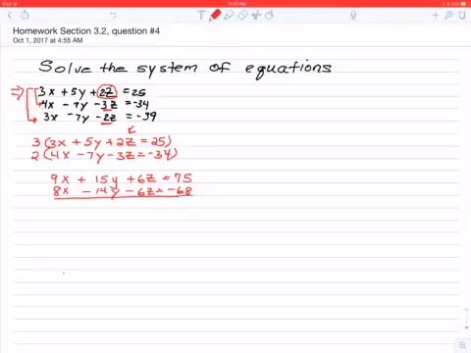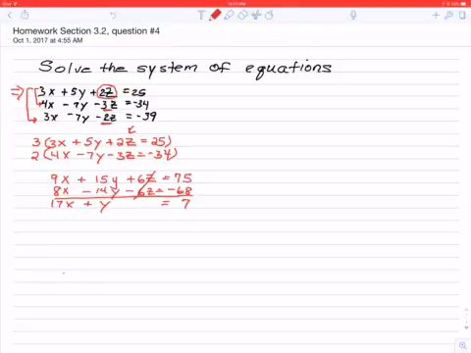So when I add these equations, the z's drop out as planned, and I have 17x plus y equals 7.